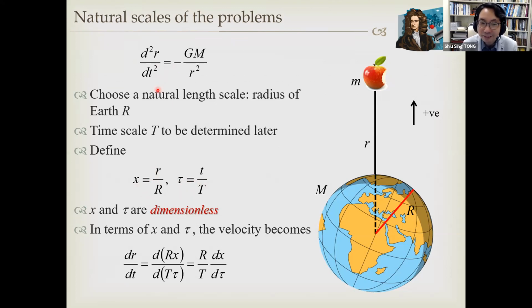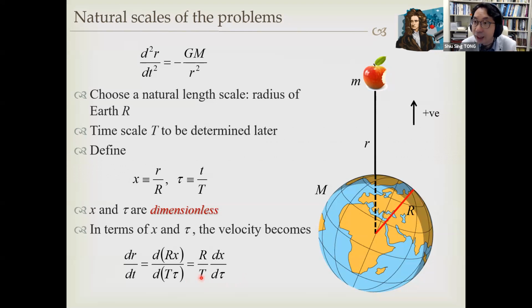Now let's see how to express the original equation in terms of x and tau instead of r and t. Now we have the first derivative of the apple as dr dt. But small r can be written as big R times x, from this definition. And small t can be written as big T multiplied by tau. But both the R and the time scale T are constants. They are some typical length and time that is defined by us. In here, we define the radius of the Earth as capital R, which is of course a constant.